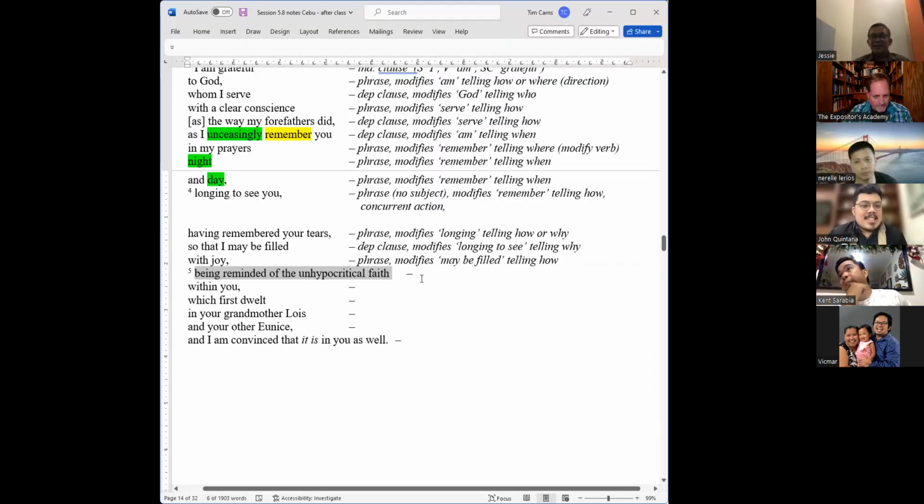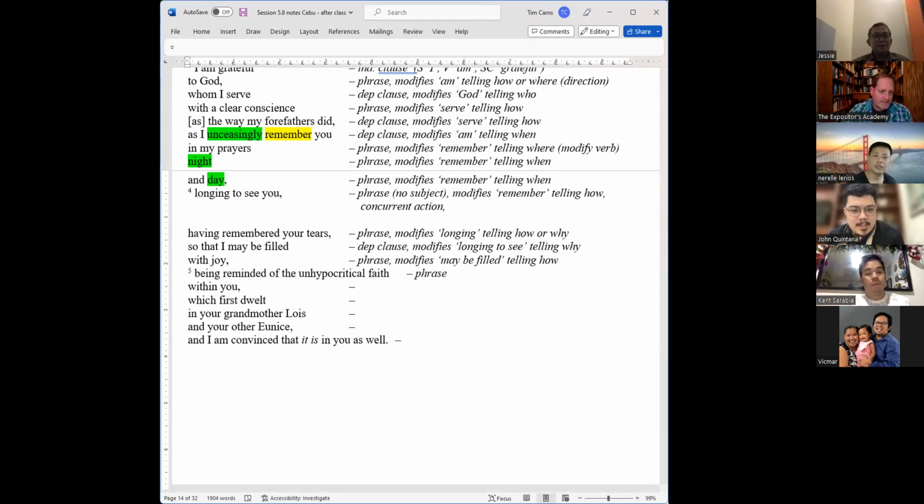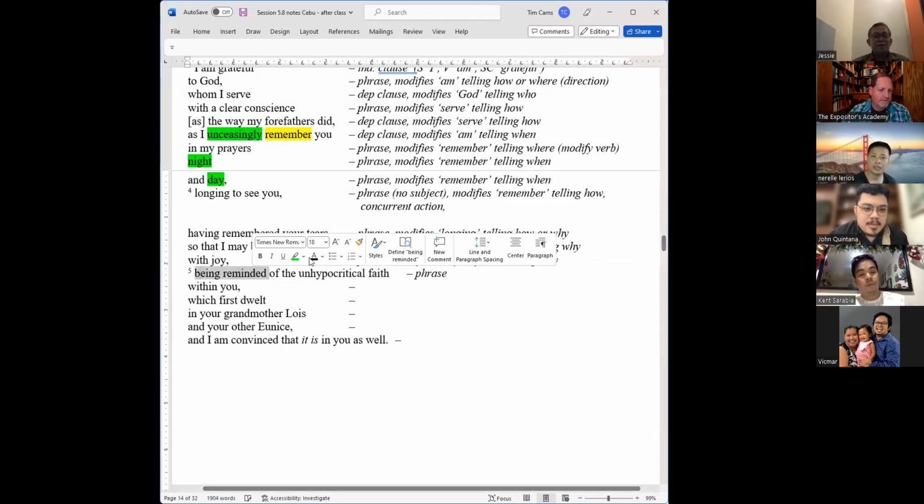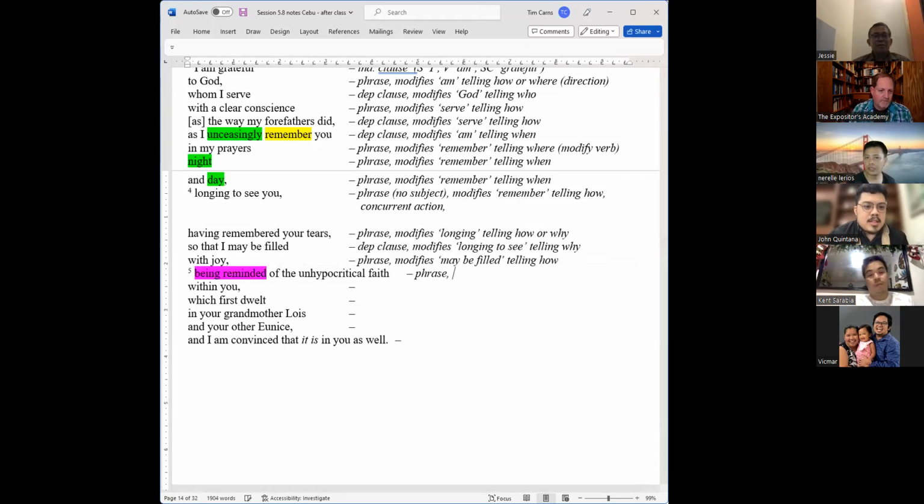You want to try the next statement there, verse 5? Being reminded of that one's also a phrase. Yes, because this is a participle. It's a participle. And then what's it modifying? To the joy.